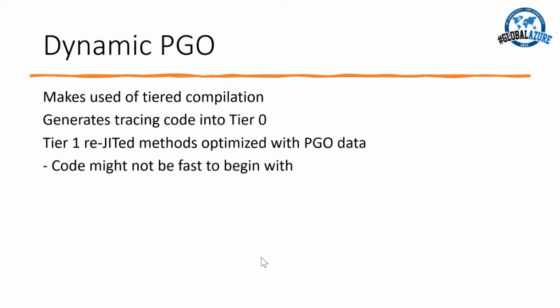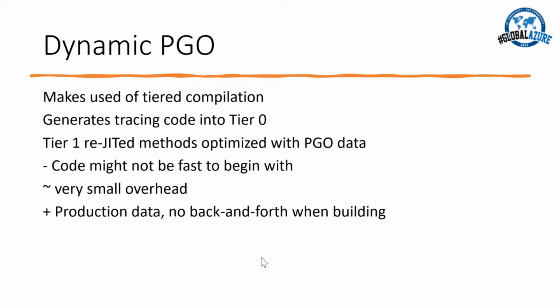So code might not be fast to begin with. There is a very small overhead for these additional probes, but that is being reduced in every release. But you're working with production data. There is no back and forth while building, so no hassle with making sure you get the right trace for the thing that you want to rebuild.